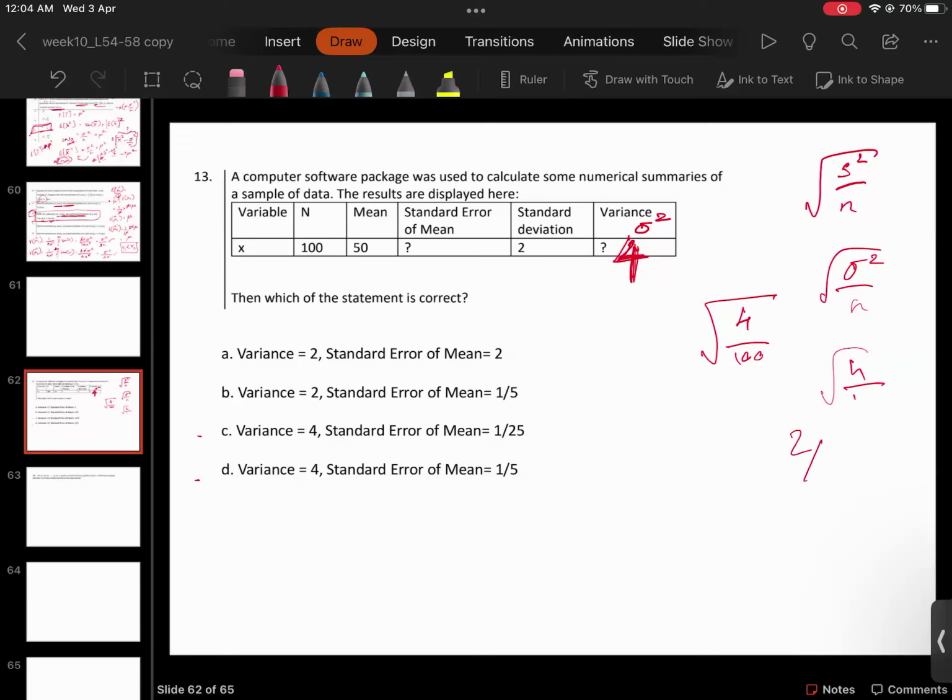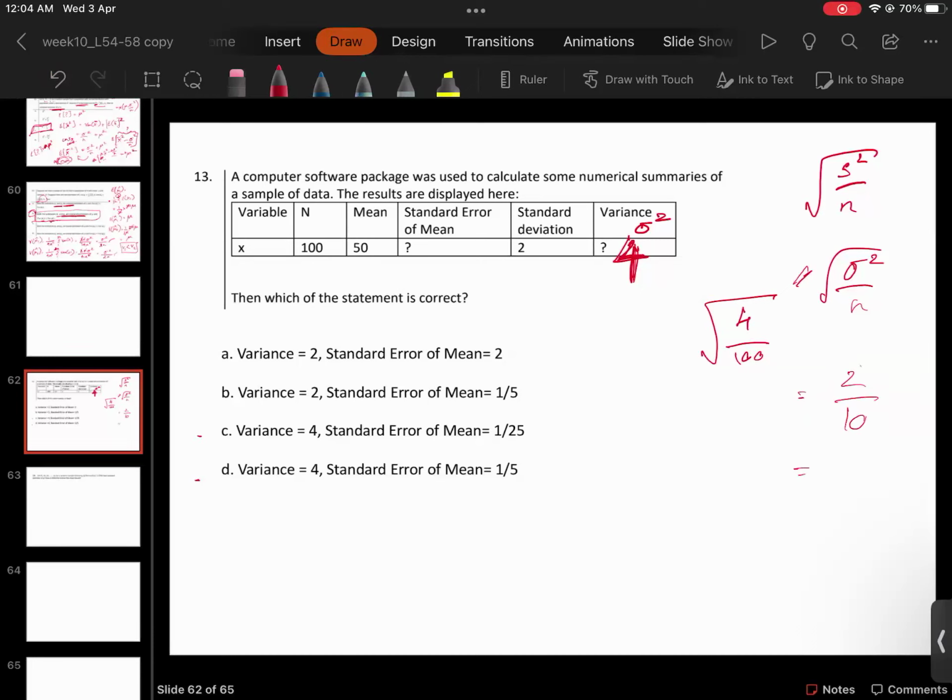So you'll have 2 by 10. When you take square root, you'll have 2 by 10 because 2 square is 4, 10 square is 100.